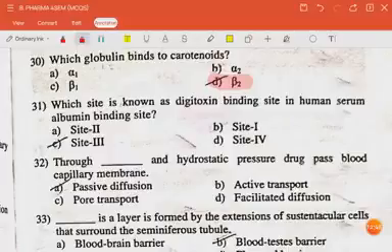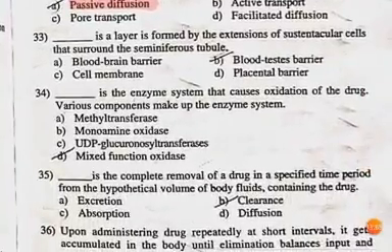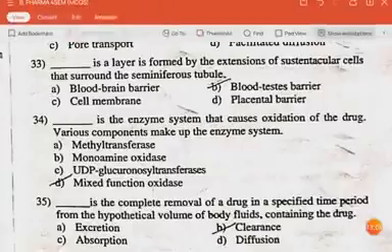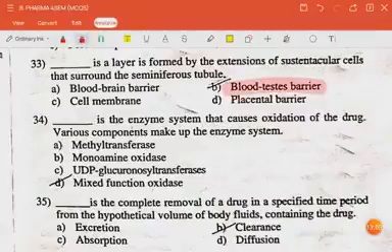Albumin binding site 3. Next question is, through dash and hydrostatic pressure drug passes blood capillary membrane. Passive diffusion. The next question is, dash layer is formed by extension of Sertoli cells that surround the seminiferous tubule. The answer is blood testis barrier.